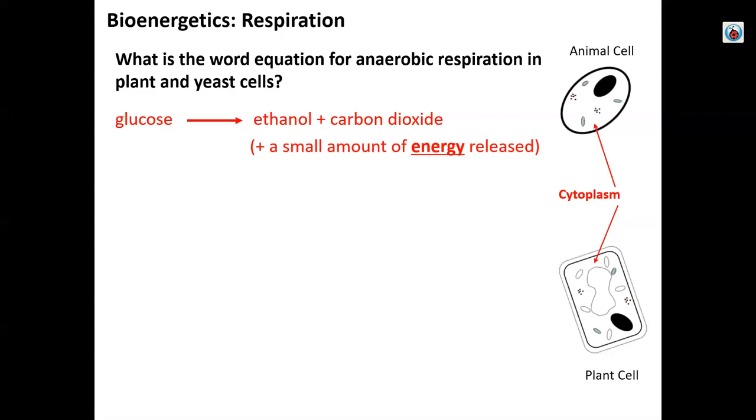What we need to do now to summarize aerobic and anaerobic respiration is to do a comparison between the two. If you printed out the resources, on the key knowledge sheet there will be a Venn diagram. So as I go through the similarities and differences between aerobic and anaerobic respiration, can you complete that Venn diagram?